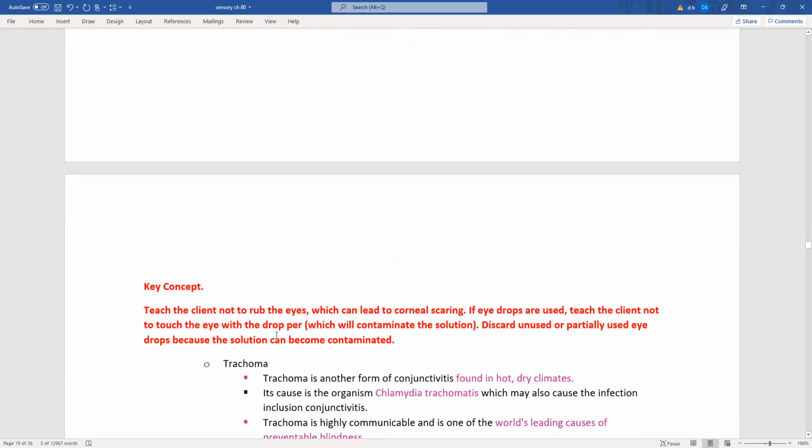Key concept to remember: teach the client not to rub the eyes, which can lead to corneal scarring. If eye drops are used, teach the client not to touch the eye with the dropper, which will contaminate the solution. Discard unused or partially used eye drops because the solution can become contaminated.